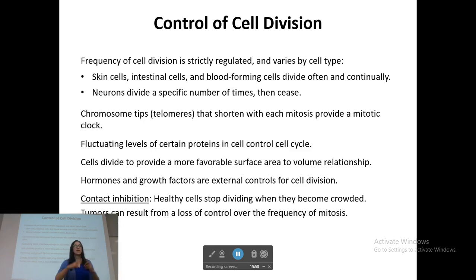So if a cell gets really big, then the surface area is not enough to bring in the necessary materials to keep that cell alive. So by dividing the cells up into smaller components, it increases the surface area, okay?